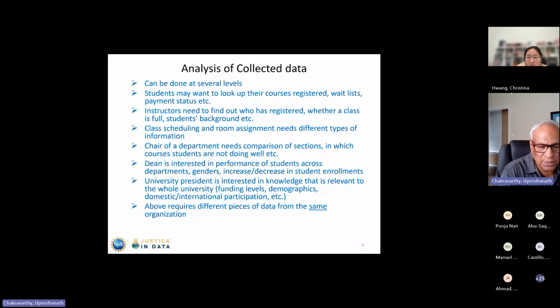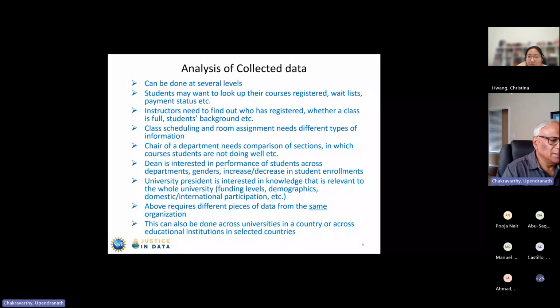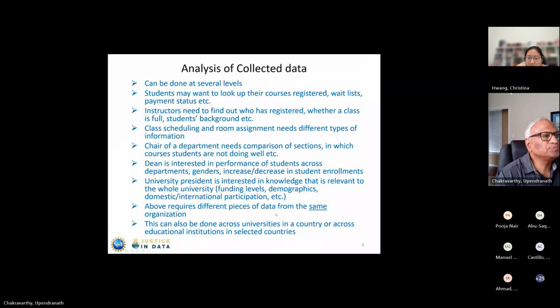It uses not only different information, it protects other information from being used by people who are not authorized to use that. So this is very important to understand. This can also be done across universities in a country, within a country, or across educational institutions in selected countries.